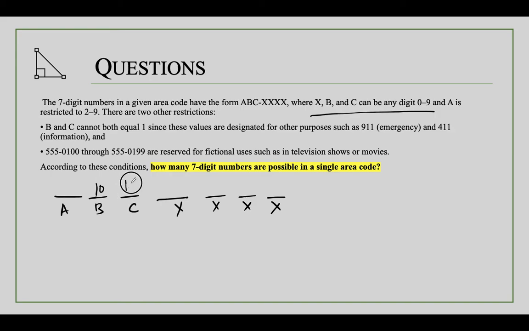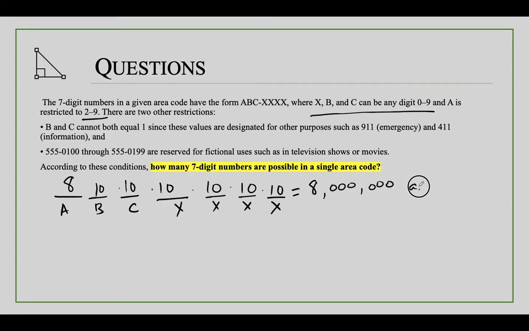So that means I can be 10, 10, 10, 10, 10, 10. Whoa, that's a lot of 10s. And it says A is restricted to 2 to 9. So 9 minus 2 is 7, plus 1 is 8. Okay, this is actually an easy math problem because I have 1, 2, 3, 4, 5, 6 zeros. So I have 8 million.